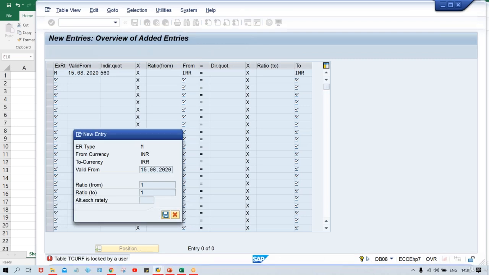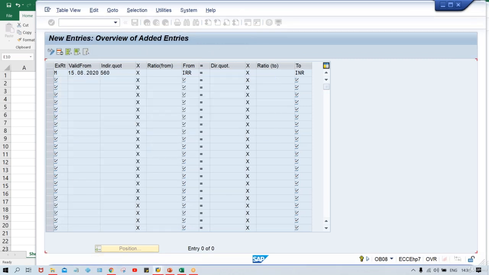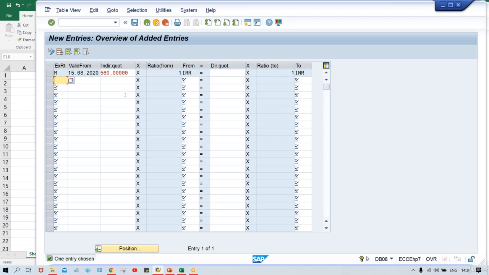So now press enter and save it. Yes. Now look at here. Here 1 unit of local currency shows the total unit, it means 560 units.